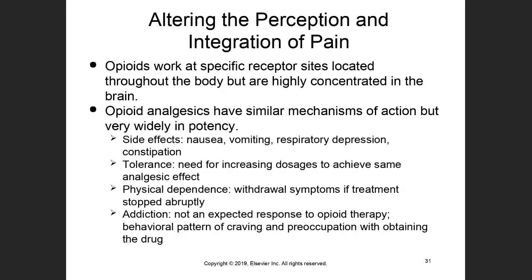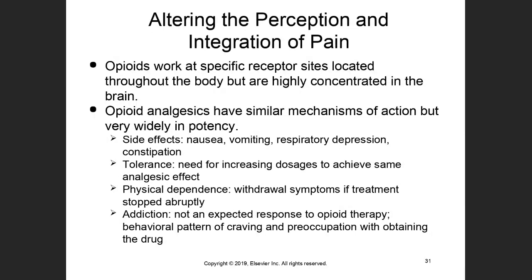Almost done. Altering the perception and integration of pain. Opioids work at specific receptor sites located throughout the body, but highly concentrated in the brain. Opioid analgesics have similar mechanisms of action, but vary widely in potency. Side effects: nausea, vomiting, respiratory distress.